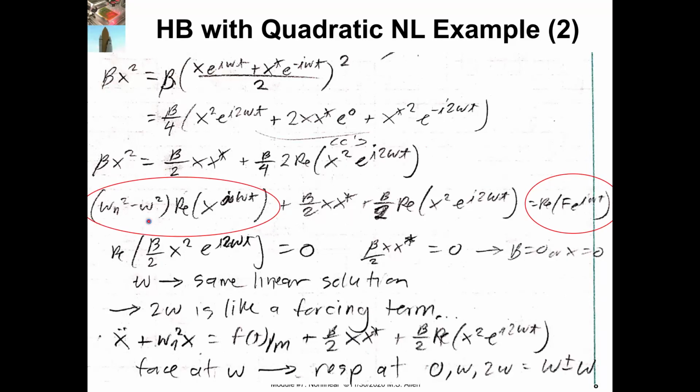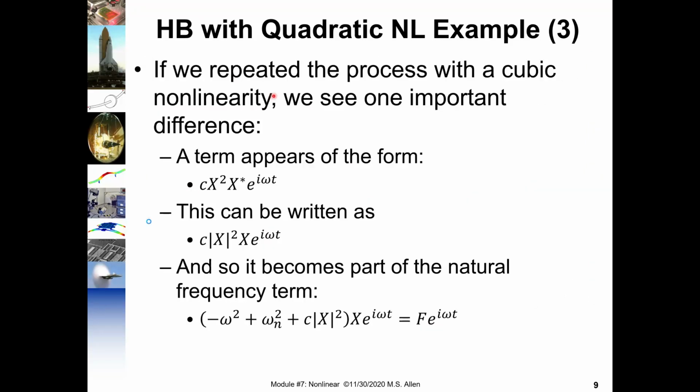If we took those two terms and we repeated the process with a cubic nonlinearity, so an x cubed rather than x squared, I won't go through all the details because it's a homework problem and because the math is the same idea, just more math. But just point out what happens. When you do it with the cubic nonlinearity, you get a term that looks like this.